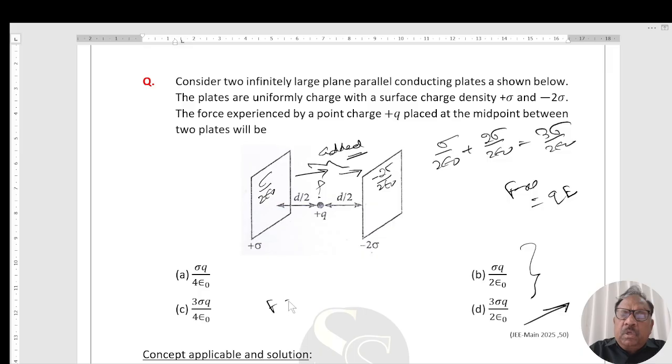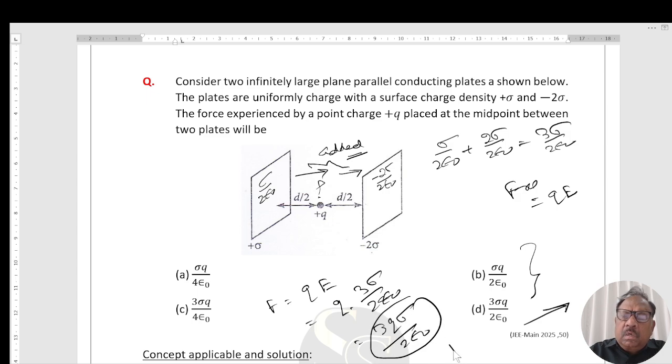As force equal to Q into E, force is Q into 3 sigma over 2 epsilon naught. So 3Q sigma upon 2 epsilon naught is the correct answer. D is the correct answer.